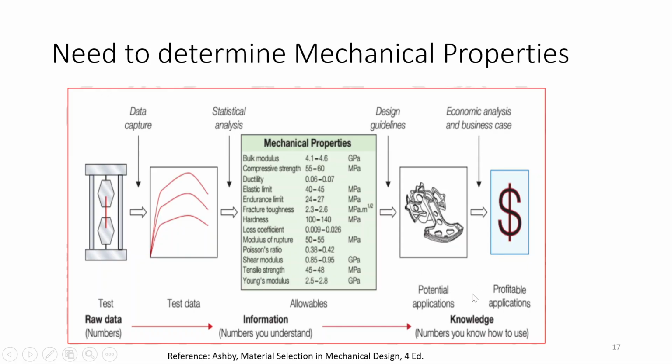Then if you're using this efficiently, you will be getting some profitable applications. Okay, so you have raw data, numbers, then you convert it into information, numbers which you understand, then to knowledge, numbers you know how to use.